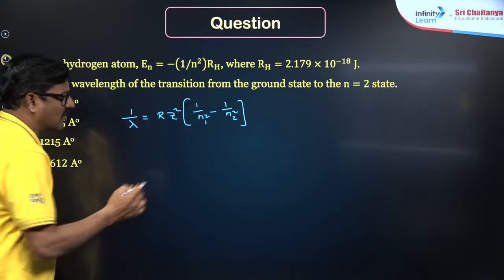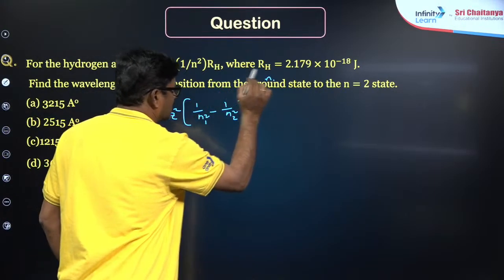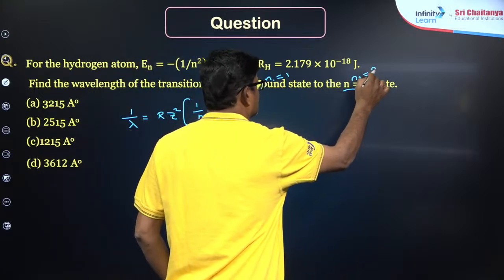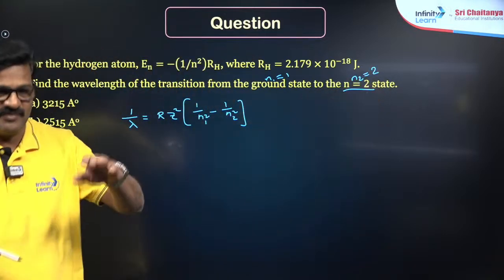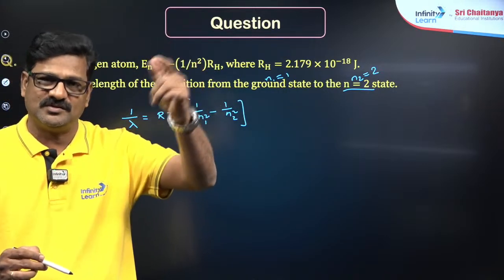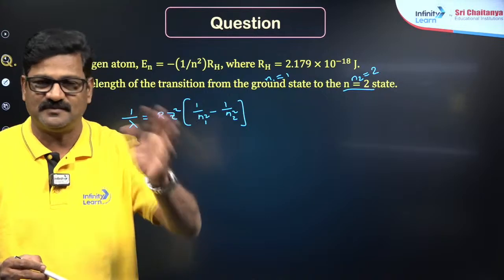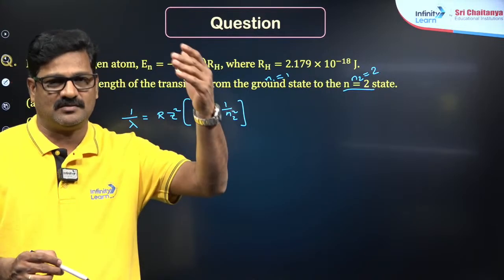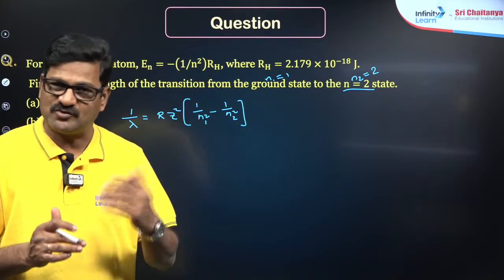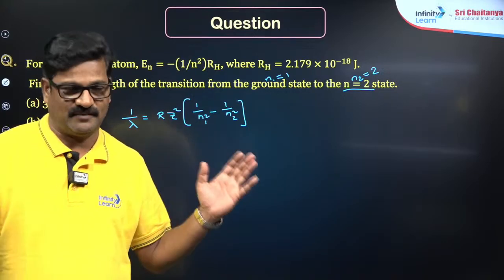Ground state n1 is equal to 1 and higher state n2 is equal to 2. If an electron is jumping from n2 to n1, it releases energy; from n1 to n2, it absorbs energy. The energy released or absorbed magnitude is going to be the same.